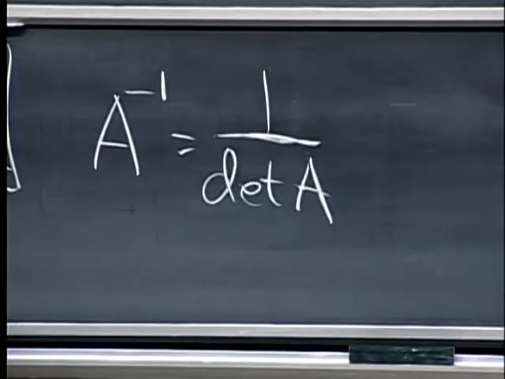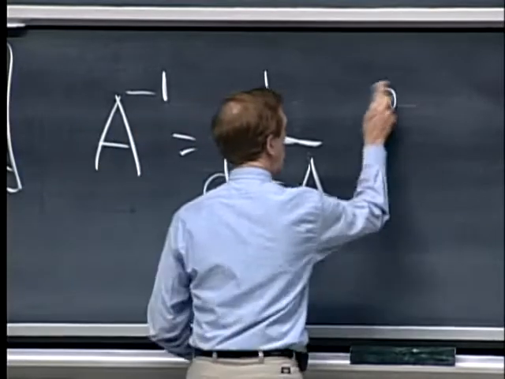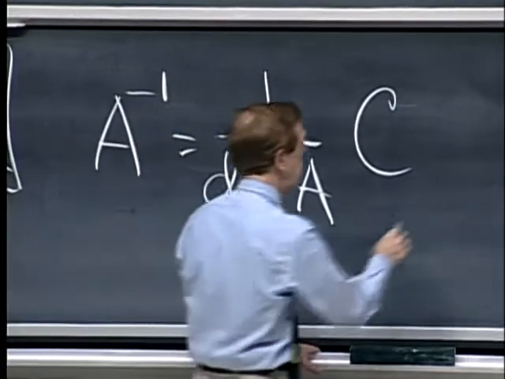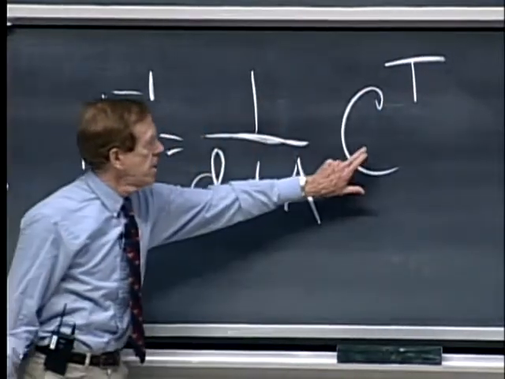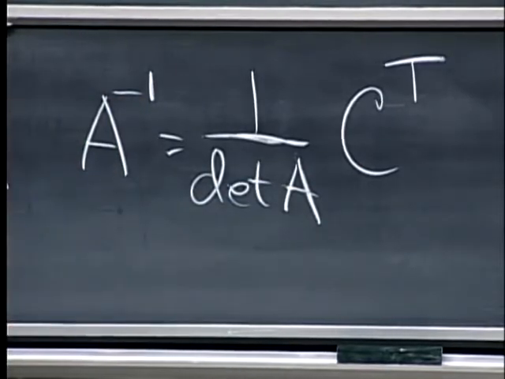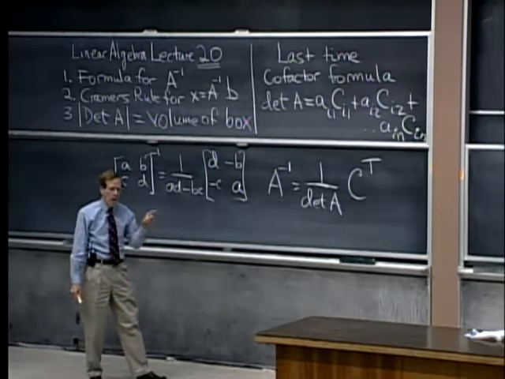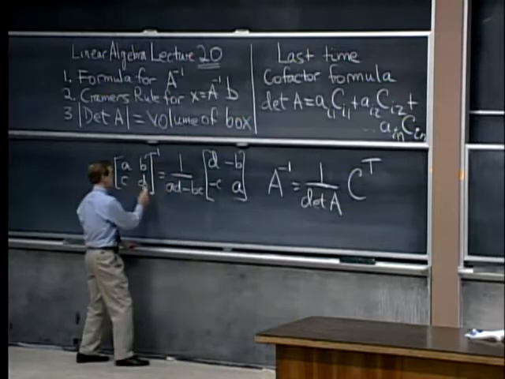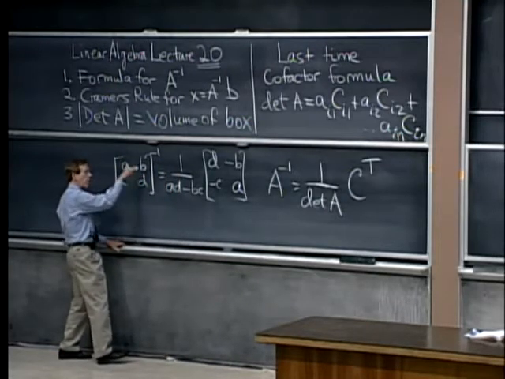And that matrix is the matrix of cofactors, C. Only one thing, you'll see, I transpose it. So this is the matrix of cofactors, why don't we just call it the cofactor matrix? So the 1, 1 entry of C is the 1, 1 cofactor, the thing that we get by throwing away row and column 1.